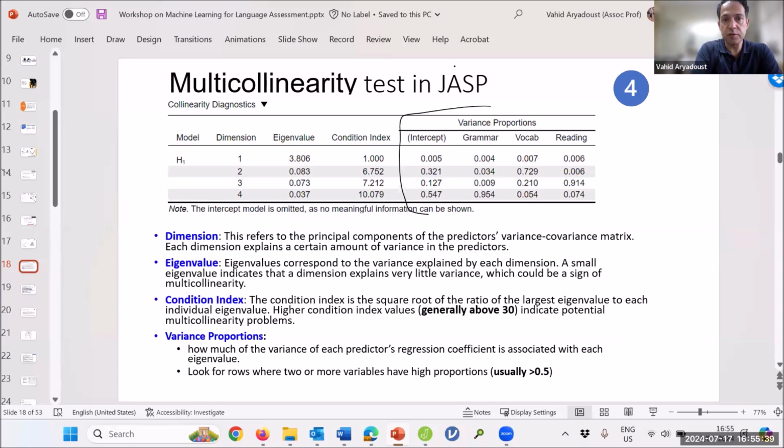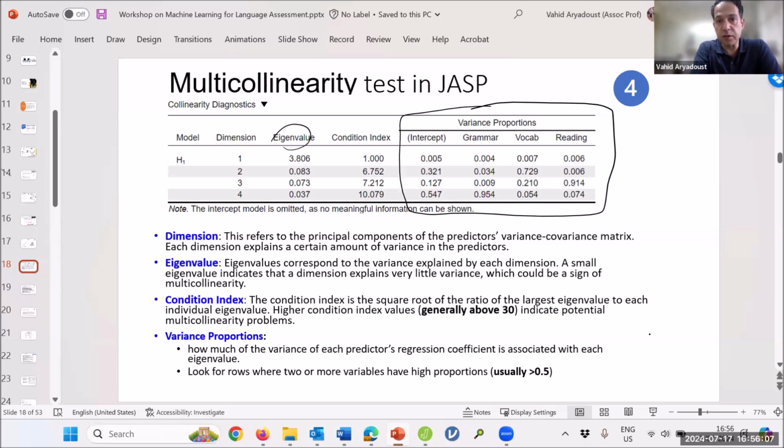Have a look at this portion first. This represents how much of the variance of each predictor's regression coefficient is associated with each eigenvalue in this column. So how do you interpret it? Look for rows that have 2 or more variables with high proportions of variance.